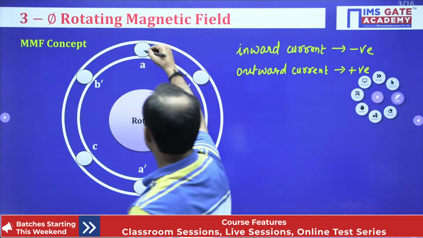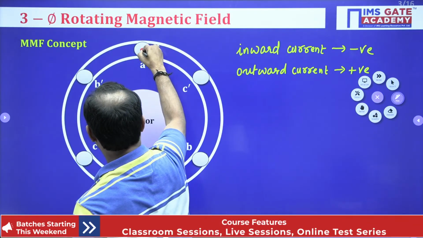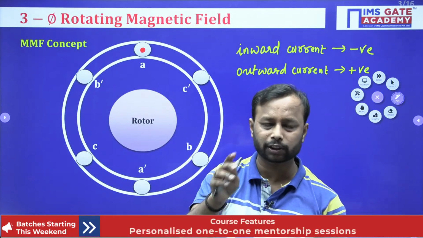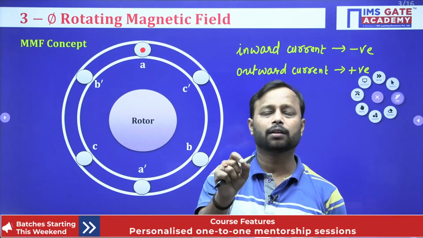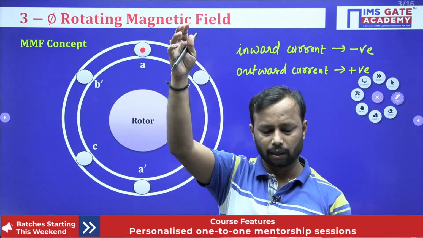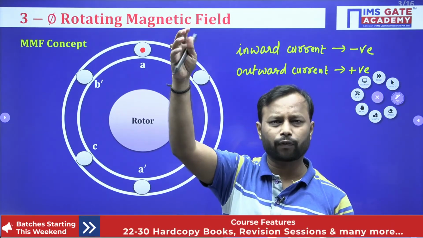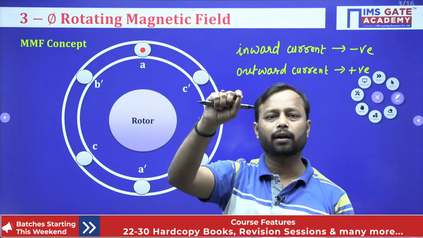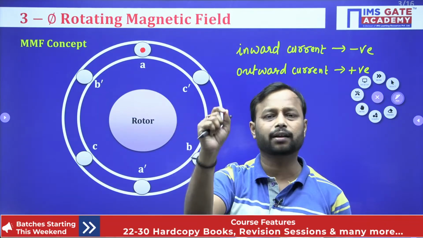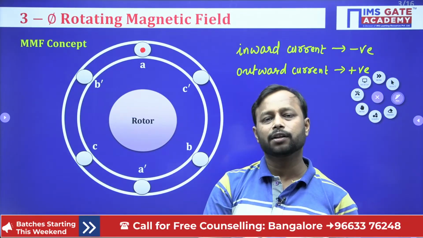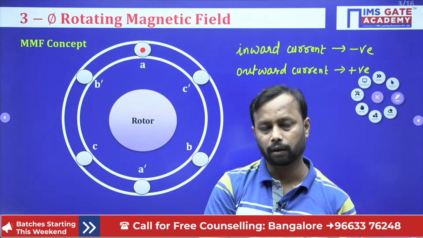So basically, this will be dot. If the current is coming towards you, this means that you are seeing the front part of the arrow. Like in lecture 4 or 5, I guess, in the laws of electromagnetism, I told you that we can simply represent the current with dot or cross by the analogy of your bow and arrow.